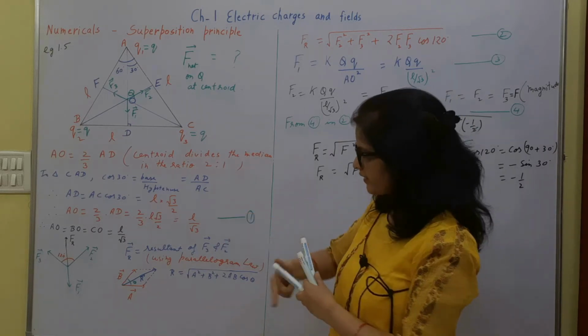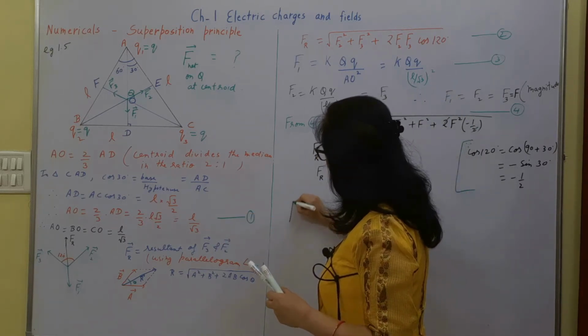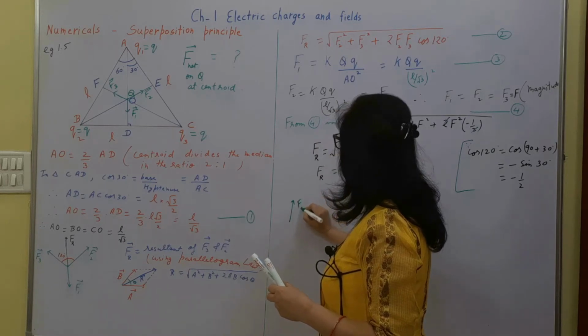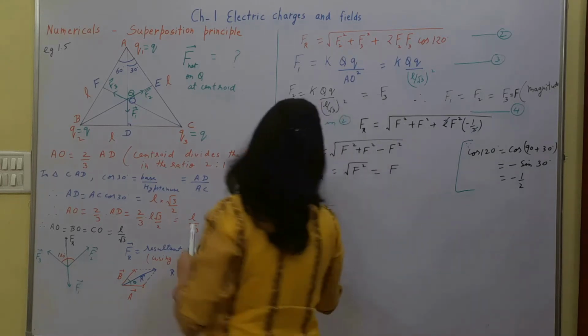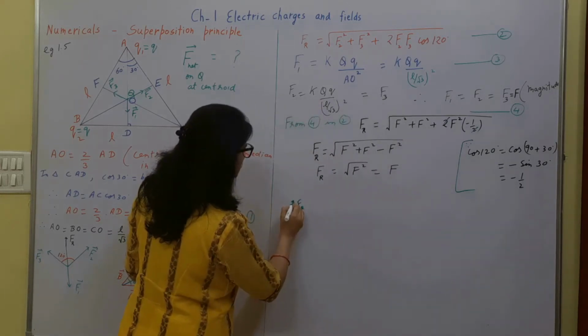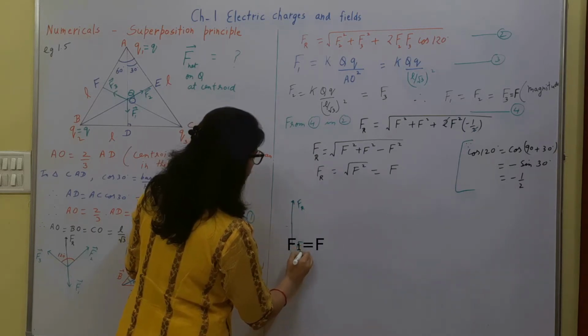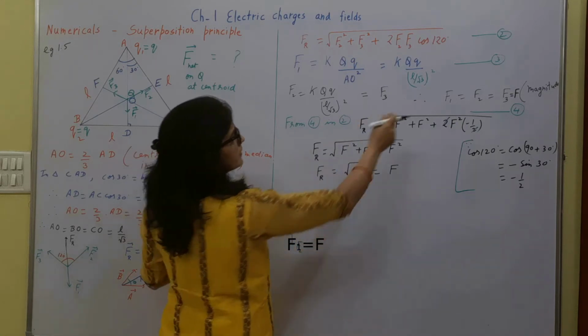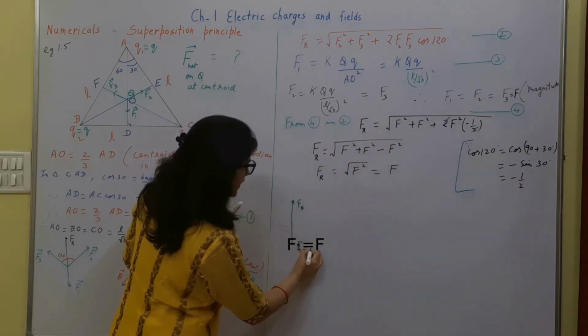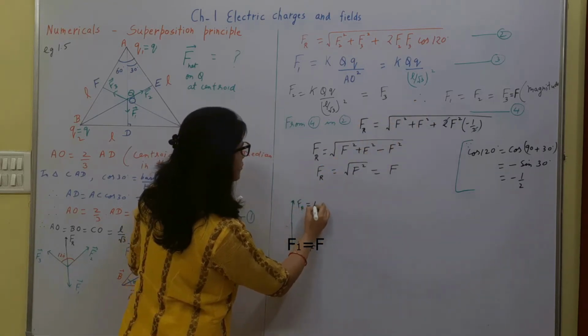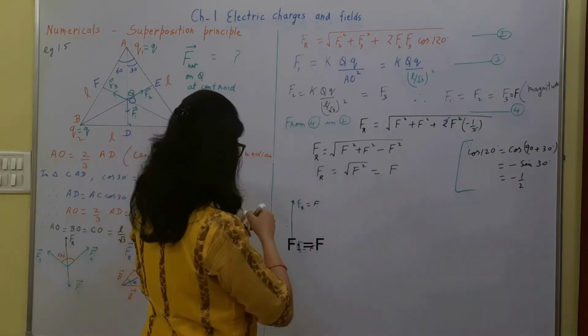So if we look at the figure, our figure says that this is the direction of F r and this is the direction of F2. We know that F2 is F and F r also comes out to be F, right?